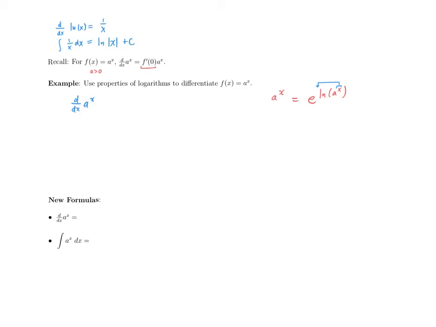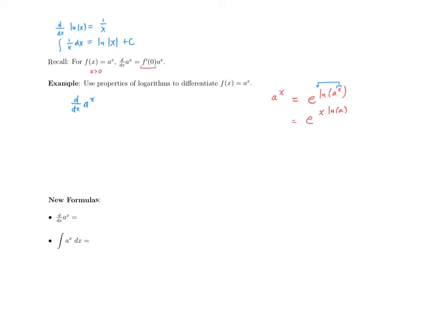If we now have the quantity e raised to the power natural log of a to the x, you would note that this is okay because the exponential and the natural log are inverses of each other and hence cancel each other off. So continuing on, we can rewrite this in a more convenient form as e raised to the power x times the natural log of a.